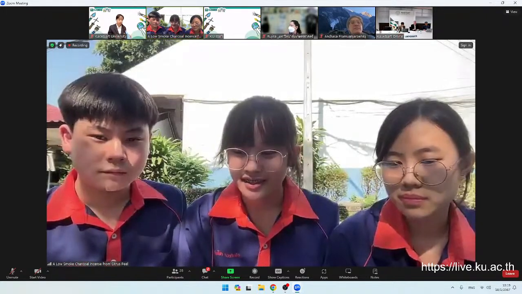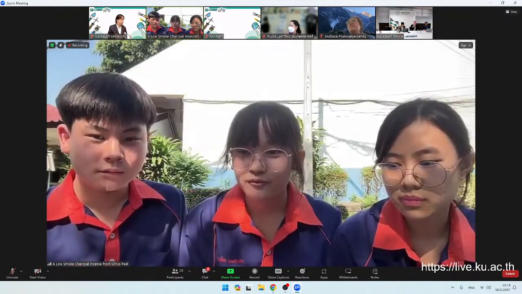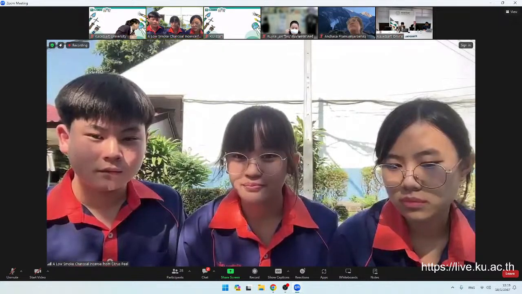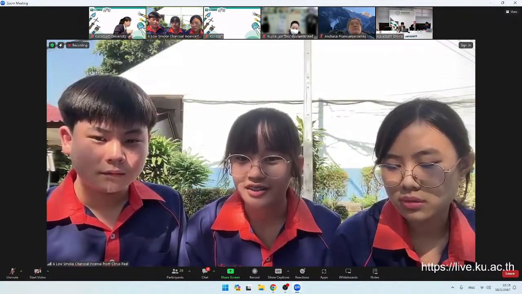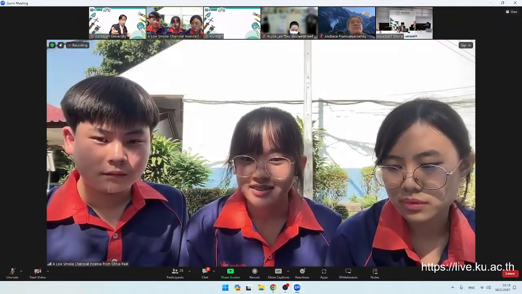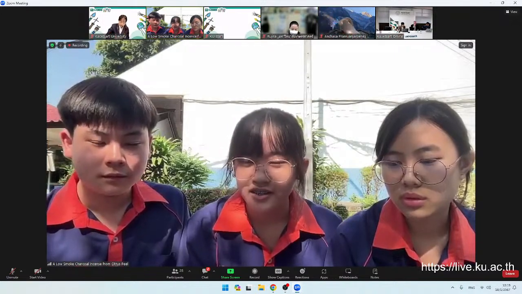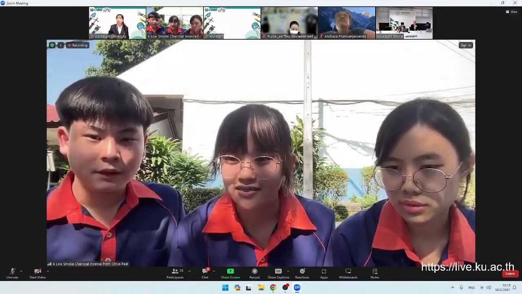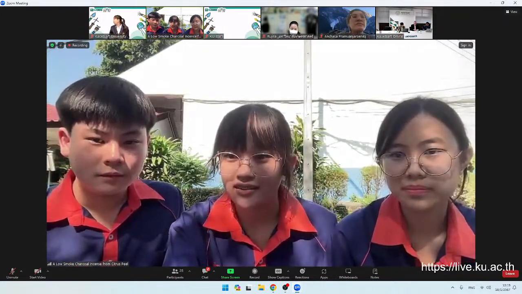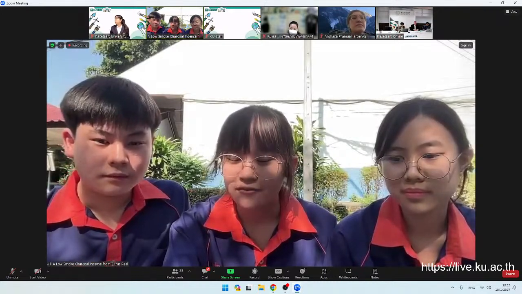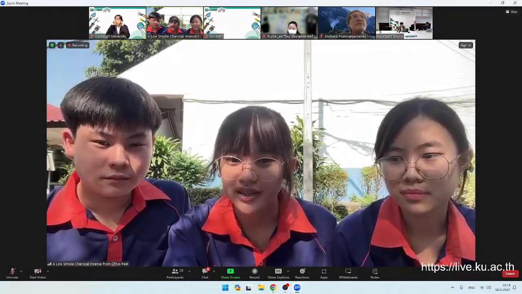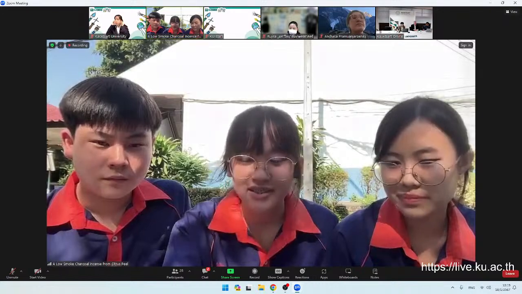So we think that smoke from the temple will be annoying or cause disease, something like cancer or respiratory disease. So we think it will be better if the incense didn't have smoke that could lead to disease.